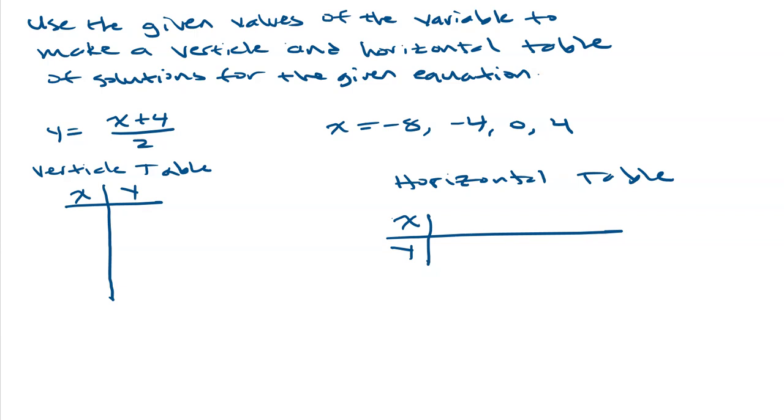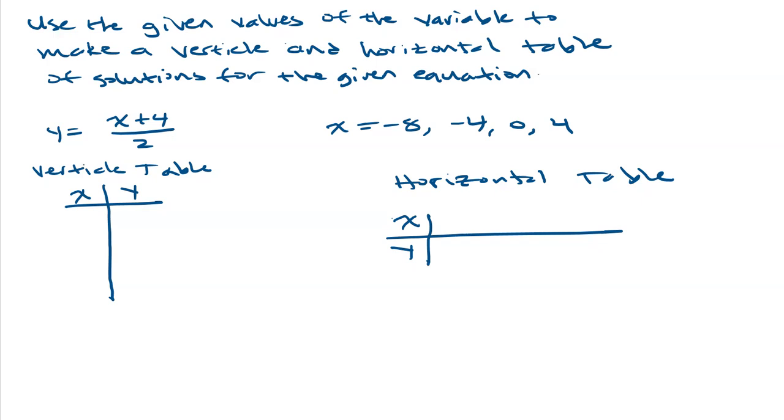Sometimes maybe a horizontal table is going to give you more space, if you're putting this in a document or something like that. So just depending on the situation. A lot of times I pick the vertical table because I just list my points and then I find my y value. But again, whatever the assignment is requiring you to do.